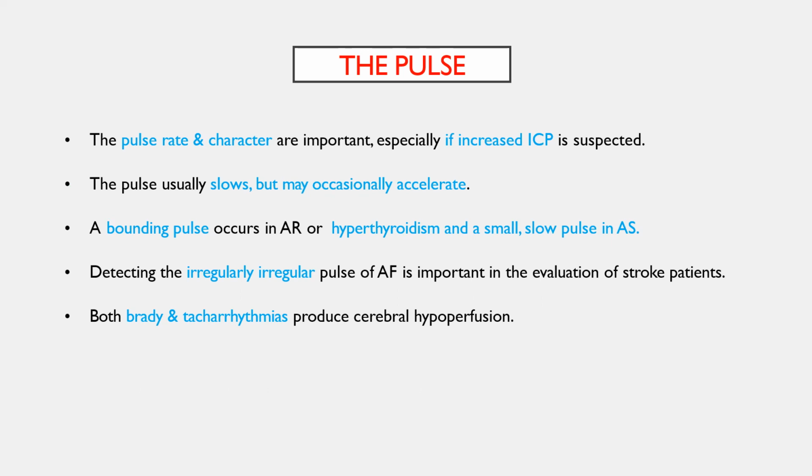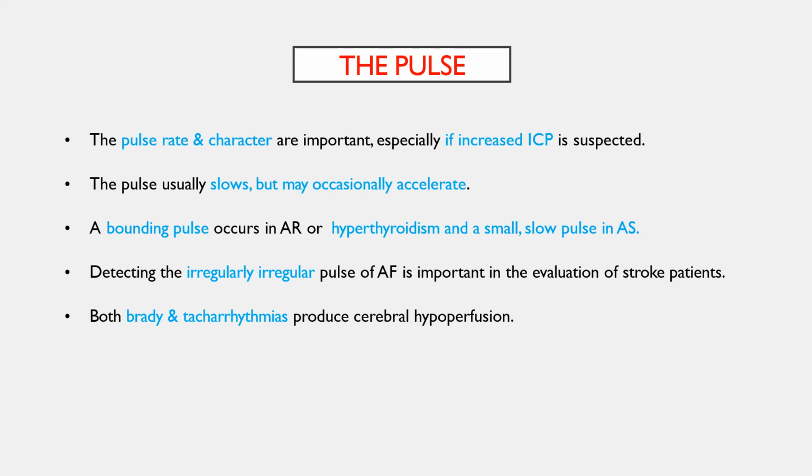Aortic regurgitation and hyperthyroidism are associated with various neurological dysfunctions, and aortic stenosis is also associated with syncope and seizures. These patients might come with a seizure-like episode or episodes of syncopal-like attack. So you need to examine the pulse and do a detailed cardiac examination also.